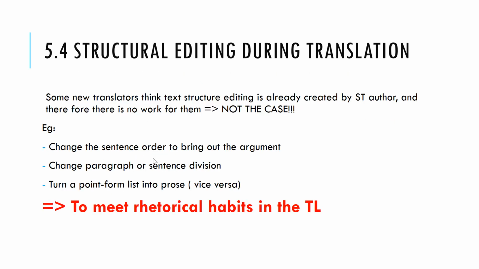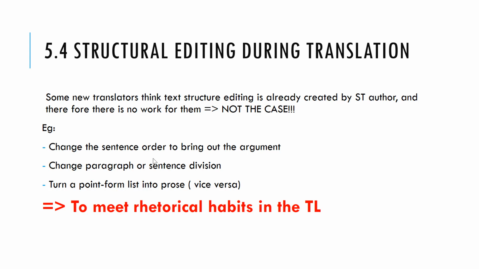And now let's look at the last part, structural editing during translation. Some people who are new to translation, maybe a new translator, often think the structure of the text has already been created by the source text author, and that there is therefore no work for them to do in this respect.